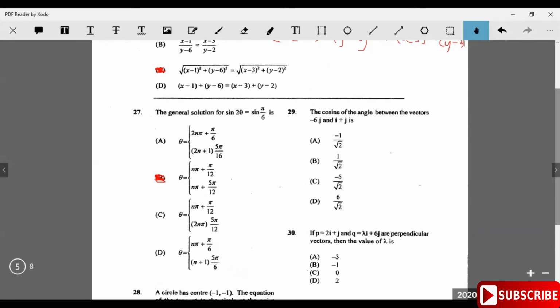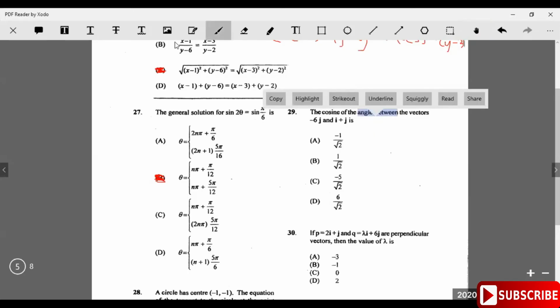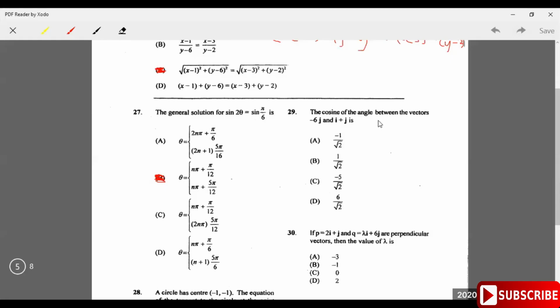Question 29. Question 29 is asking for the cosine of the angle between the vectors -6j and i plus j. So remember, -6j is really the vector 0, -6. And the vector i plus j is really, in vector notation, 1, 1.